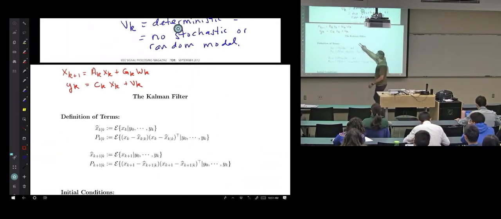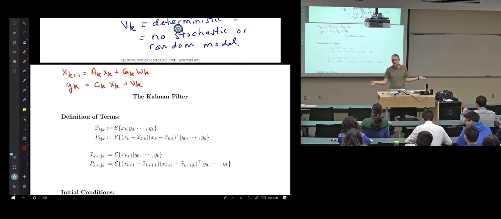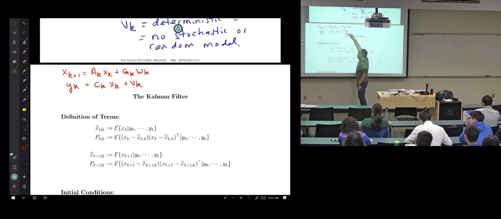And then it will come from our probabilistic description of how the noise is affecting the dynamics and how the noise is affecting the measurements. So the weighted least squares problem will come from physical data. The weights will come from the relative certainty of the measurements versus the state.